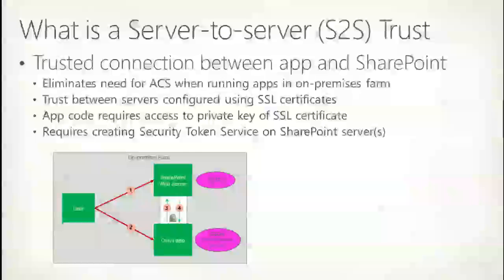The user then clicks on that tile and posts the context token to the app. The app can look in the context token and do things like figure out who the current user is and what the site is where the request came in from, and then it's able to call into ACS and get an access token.